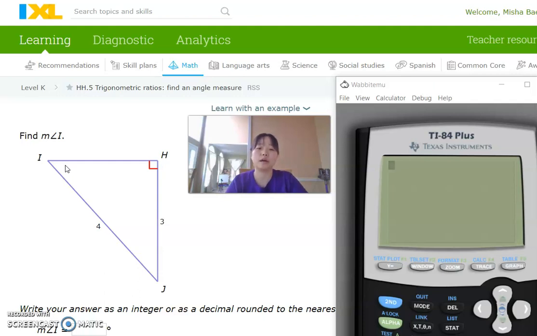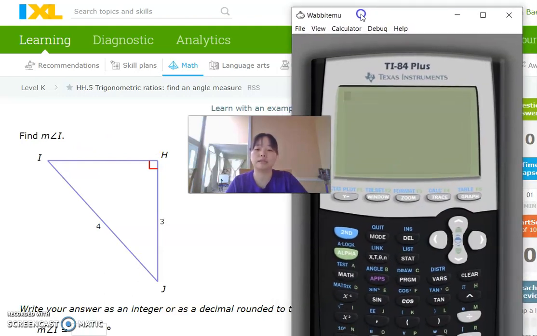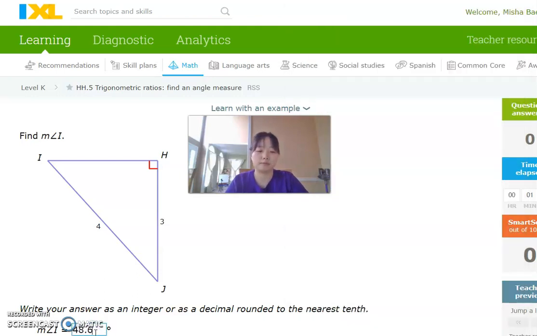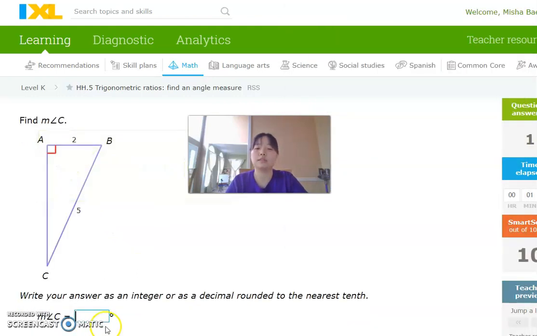So you have sine of I is 3 over 4. All you have to do is inverse sine of 3 over 4. 48.59, but on IXL you have to round to 1 decimal place, so 48.6. You put 48.6, press enter. See, that's not so bad.